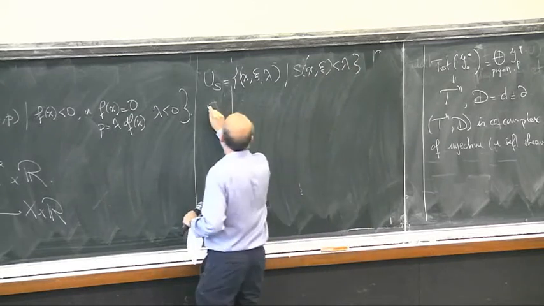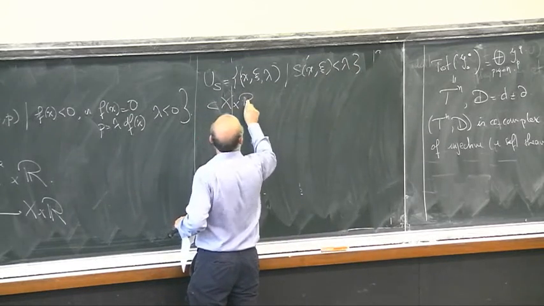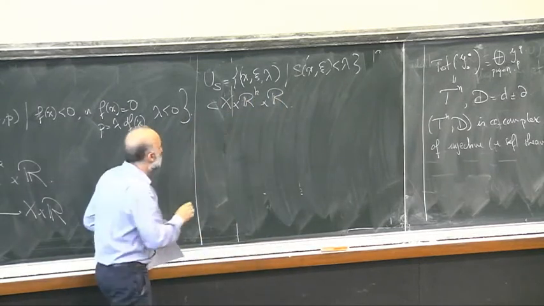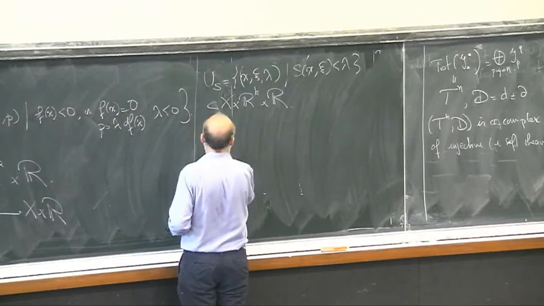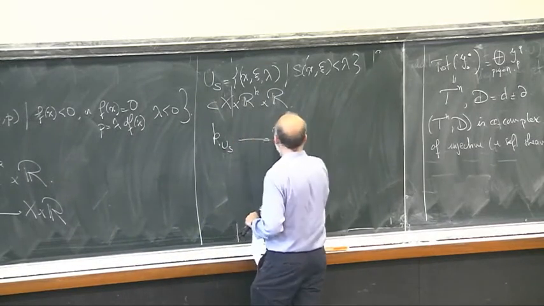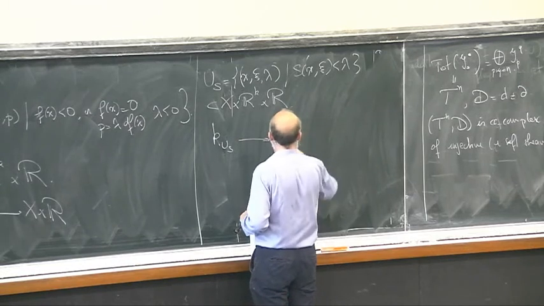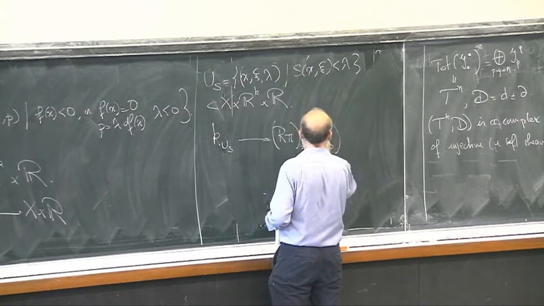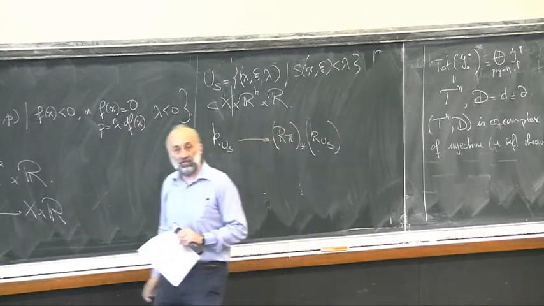So this is a set contained in X times R^k times R. So I can consider the constant sheaf over U_S, and then I can consider the sheaf R pi star of K_{U_S}. So what's this?